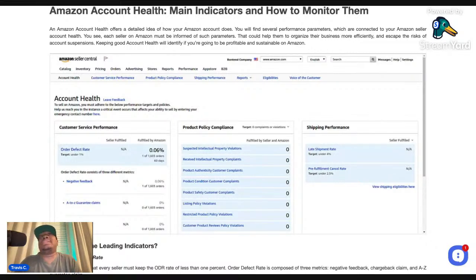They will usually give you an ODR, order defective rate warning, and let you know that you're over the limit. They're probably going to have a red or yellow message across the top of your account saying that your account is at risk. So definitely be mindful of that.